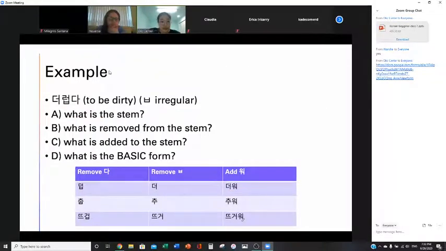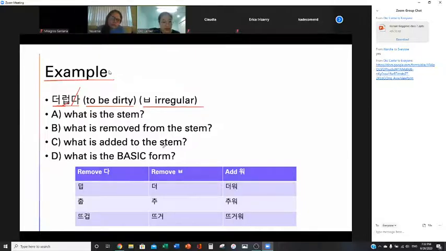So that's the irregular, and this is another example of the irregular. 더럽다, to be dirty. 다 is removed. You have 더럽 left. 더럽 is the stem. What is removed from the stem? 비읍 is removed, we just went over that, right?